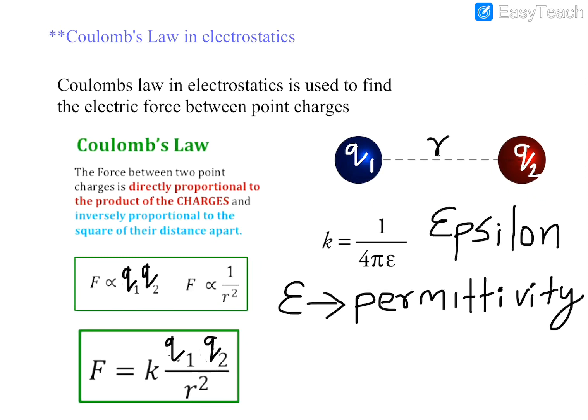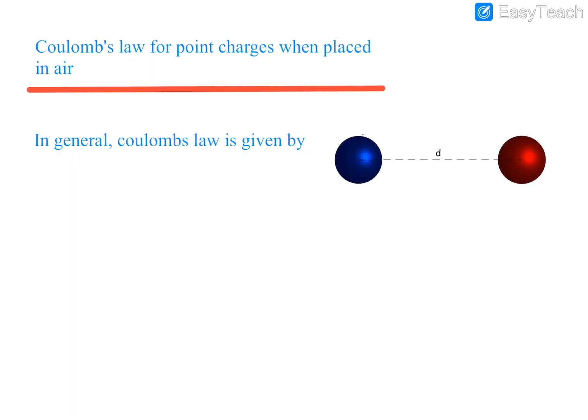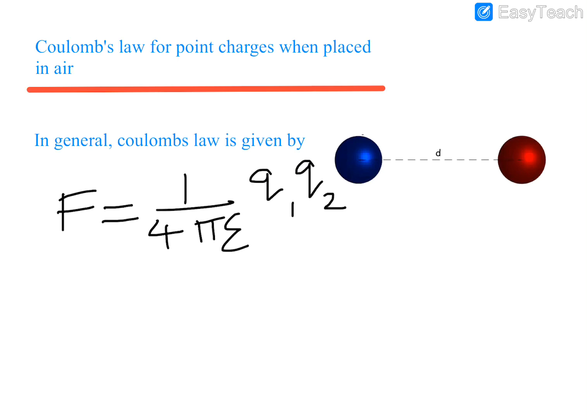Now I am going to represent Coulomb's law between two point charges when you keep both the charges in air. When it is in air, let us write Coulomb's law. So for writing Coulomb's law in the case of two charges which are placed in air, in general Coulomb's law is given by F is equal to 1 by 4 pi epsilon q1 q2 by r square.